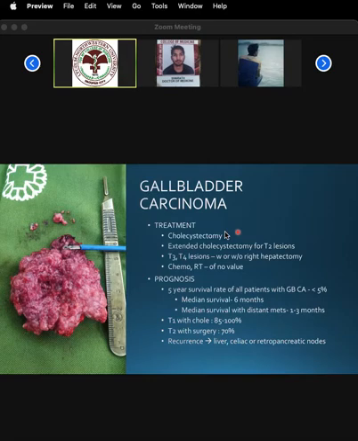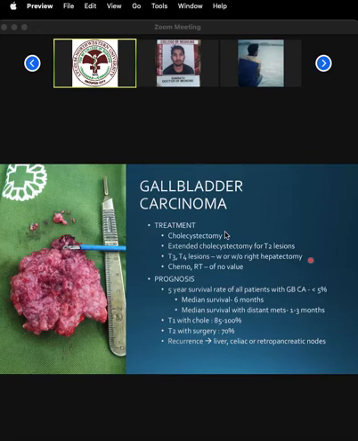Overall 5-year survival rate. For T2 lesions, we may do extended cholecystectomy to include the dissection up to segments 4 and 5 of the liver, and we do lymphadenectomy for the pericholedocal and pericholecystic nodes or Charcot's nodes. Okay. Now for T3 and T4 lesions, we may do cholecystectomy with or without hepatectomy.